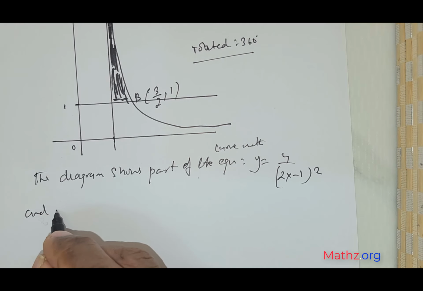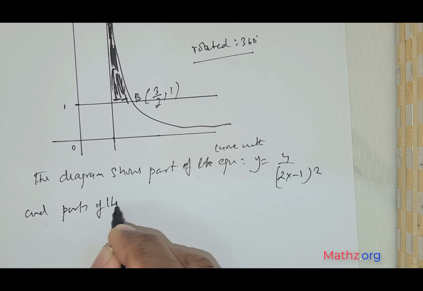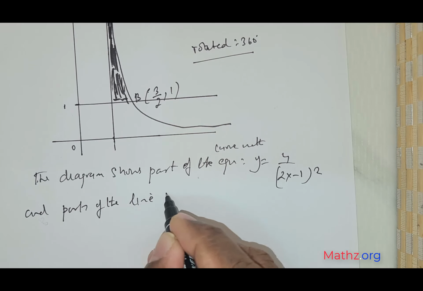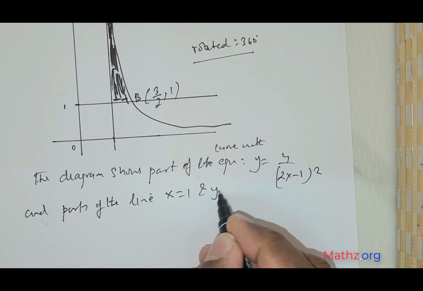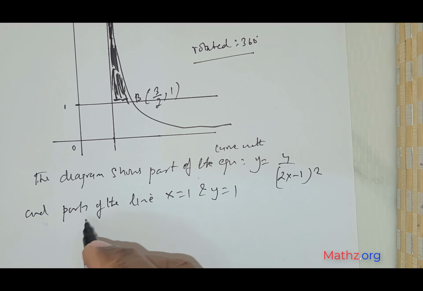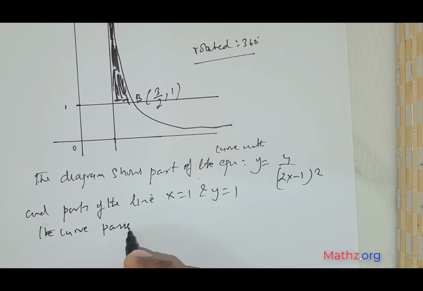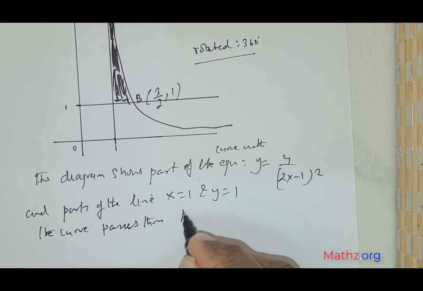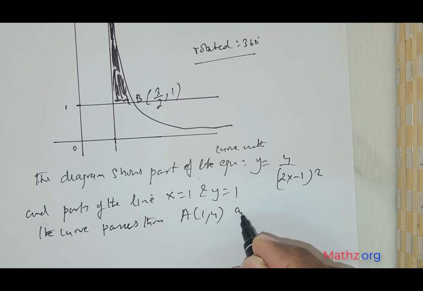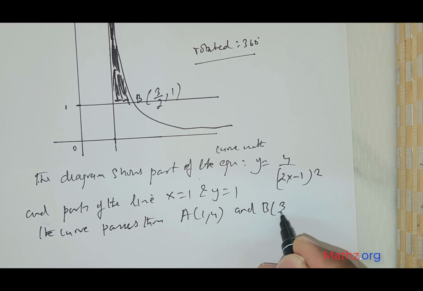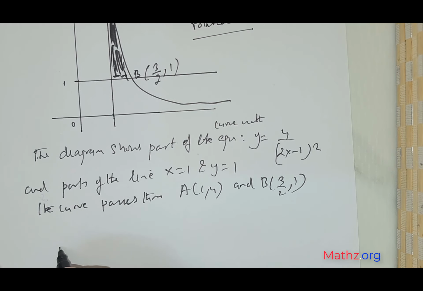And so this is what I was talking to you about, and parts of the line x is equal to 1 and y is equal to 1. The curve passes through A of 1, 4 and B of 3/2, 1.